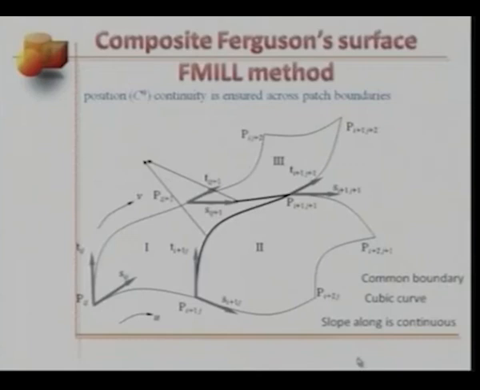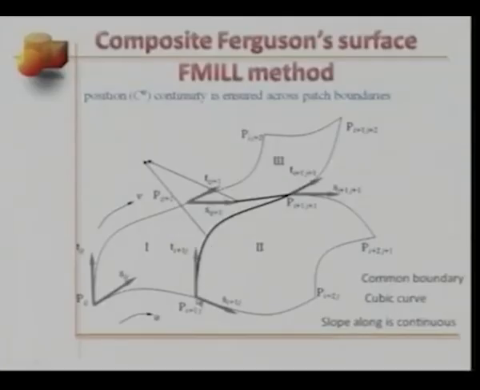And so happens that Ferguson's models innately give us slope continuity along the curves. As you move along this boundary curve, the slope is continuous between 1 and 2, and as you move along this common curve here, the slope is unique along the u direction between patch 1 and 3.